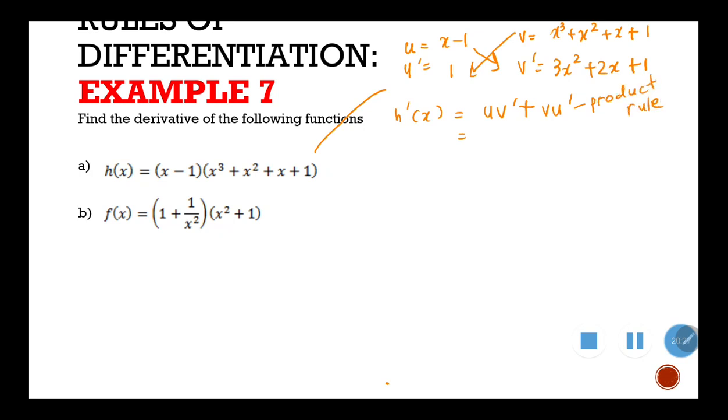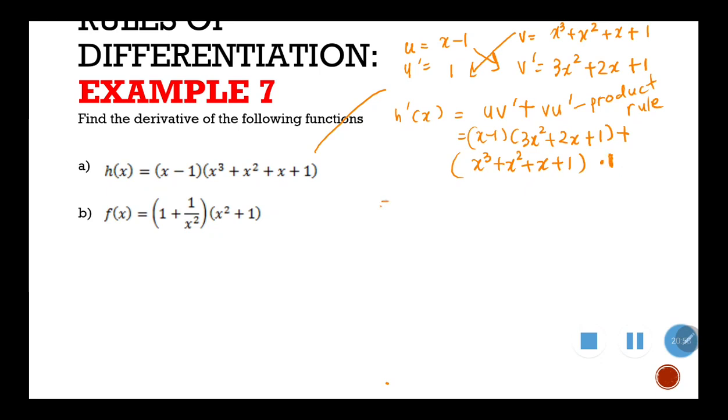So u v prime is x minus 1 times 3x square plus 2x plus 1, plus v u prime, which should be x square plus x plus 1 times 1.